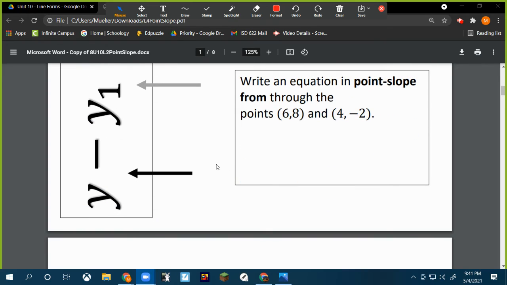Well, what about writing the equation in point slope form through two specific points? Notice we do not have a slope. We need to find our slope, and the way we do that is we make an XY table. We are given 2 points, (6, 8) and (4, -2).